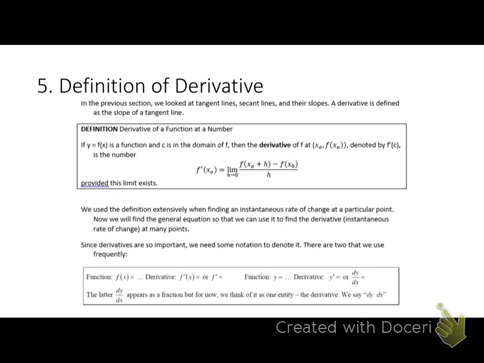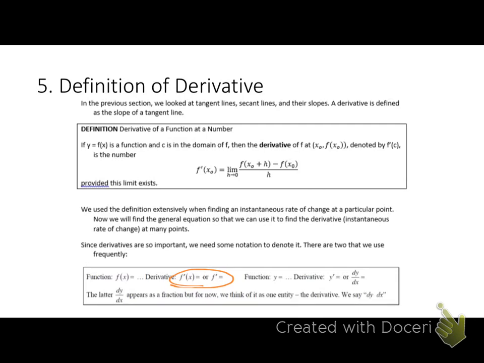The first one is f prime of x. That's this notation right here. The way you say that is f prime of x, not f apostrophe. It means the first derivative. And yes, there can be more than one derivative, but that would just mean using this process again and again, so don't worry about that quite as much yet.